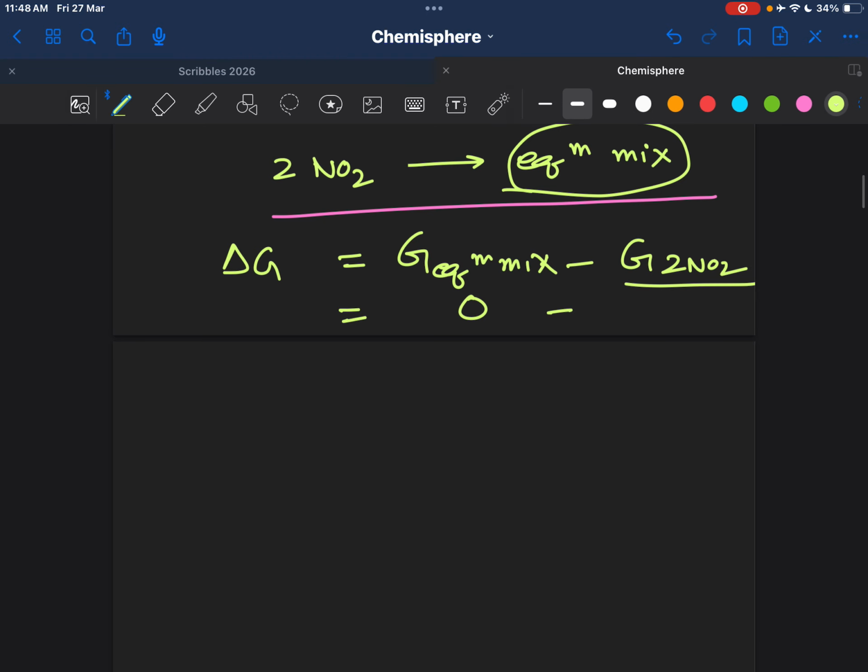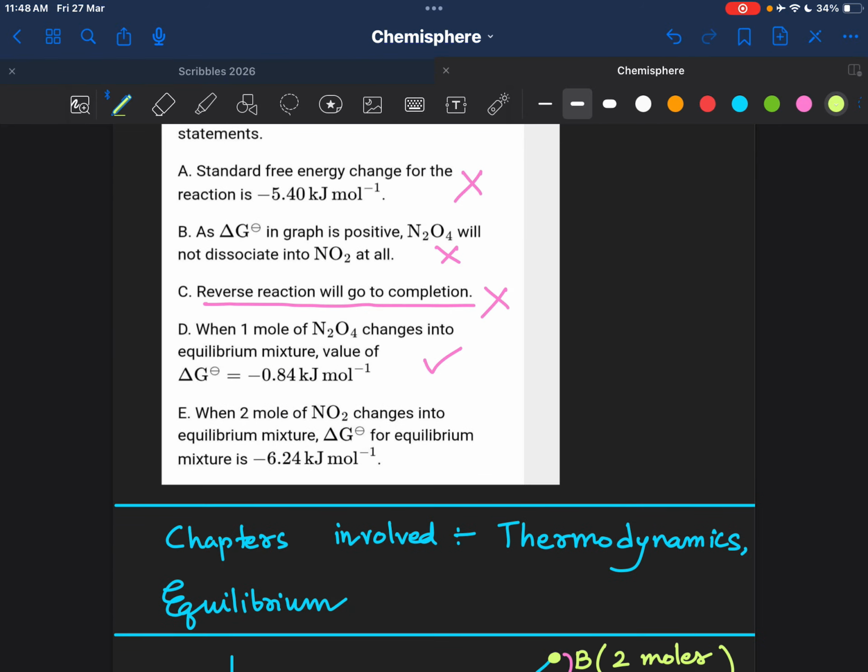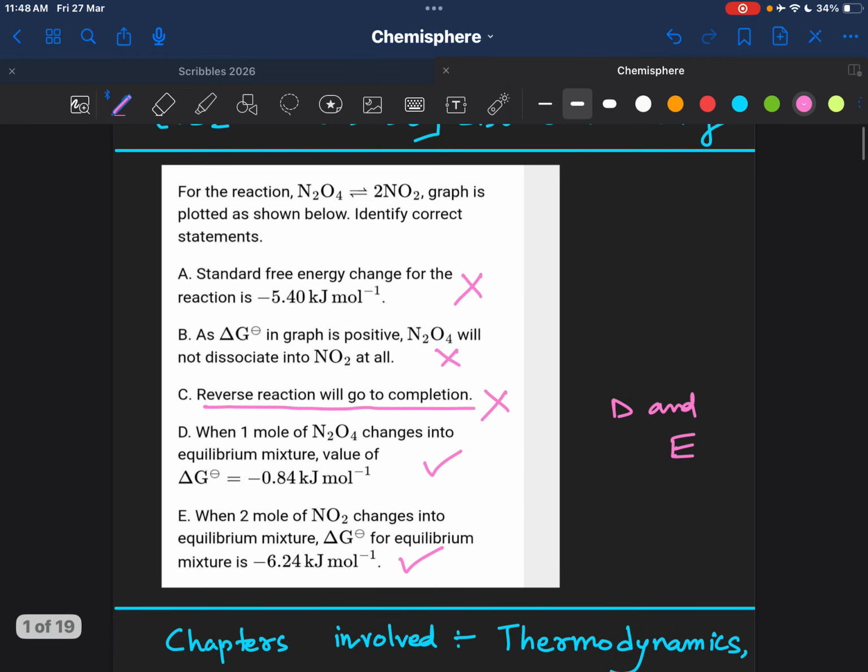So 0 minus (5.4 plus 0.84) comes out to be minus 6.24 kilojoules. Therefore this statement is correct, and the answer will be D and E are the correct statements.